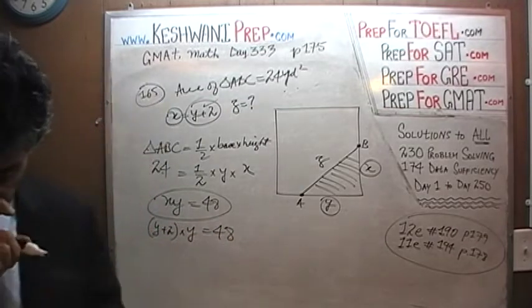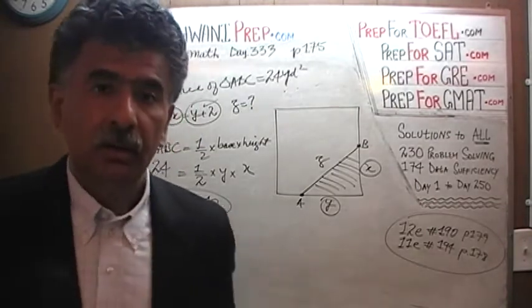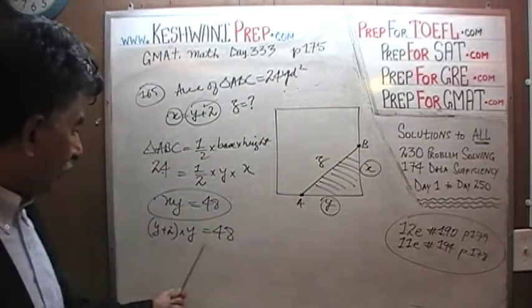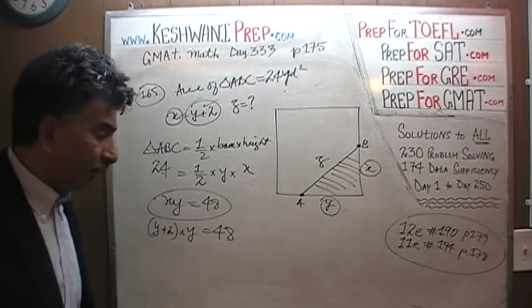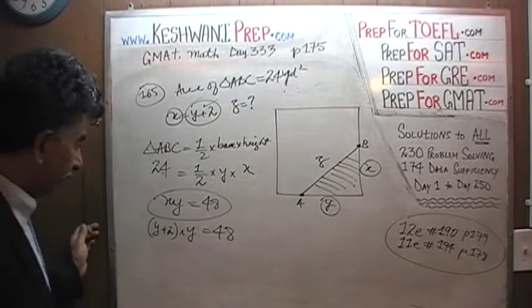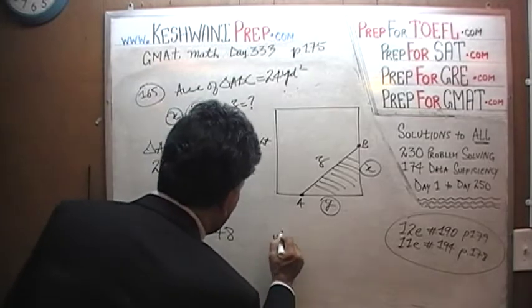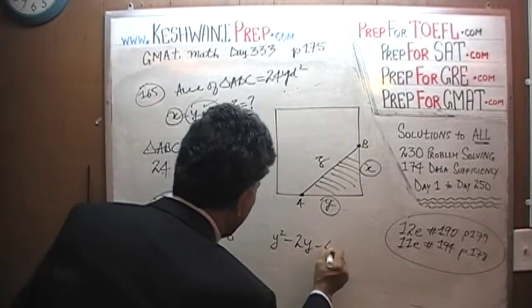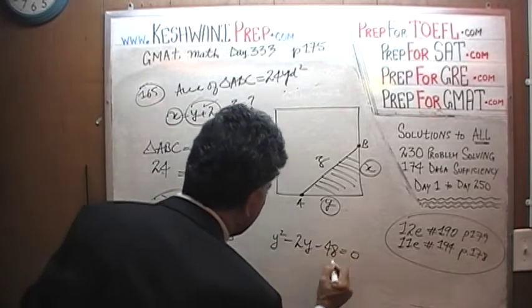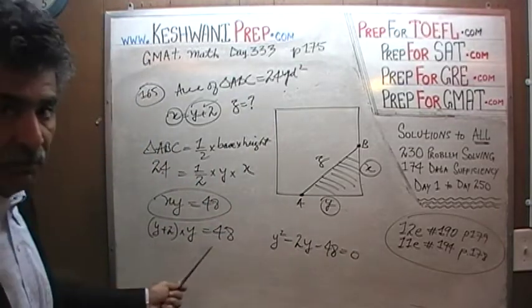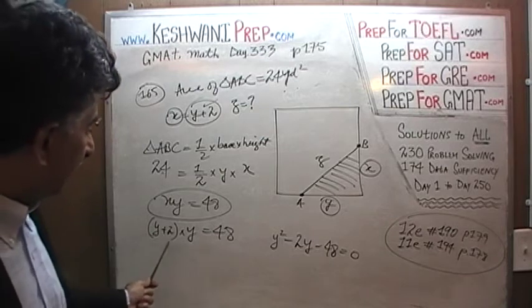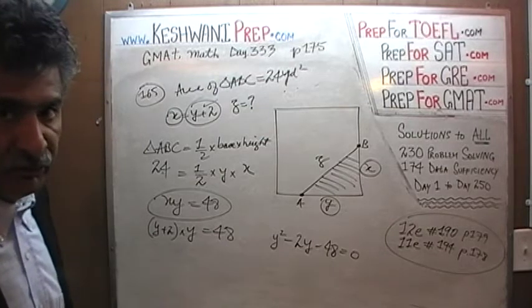Now at this point, we have a choice. We can open this up and set it up as a quadratic equation and make it a very complicated situation. We could do that if you wanted to. You could write this as y squared plus 2y minus 48 equals 0 and solve it as a quadratic equation. Or you can use simple logic, simple common sense here, and ask yourself, where would this scenario work?